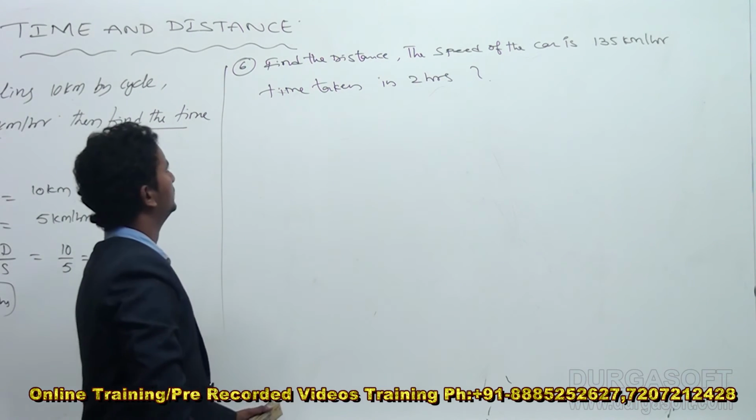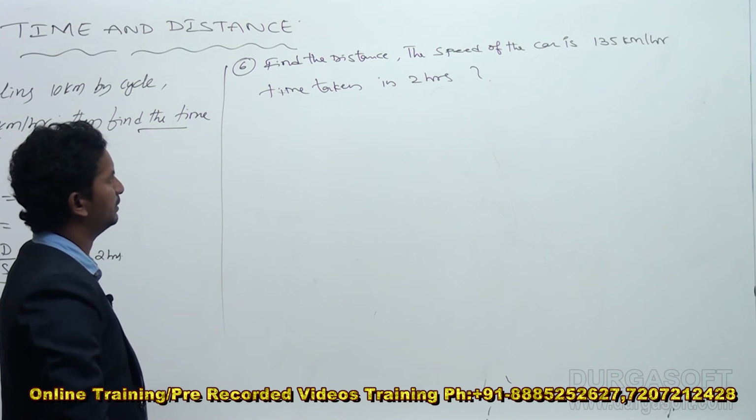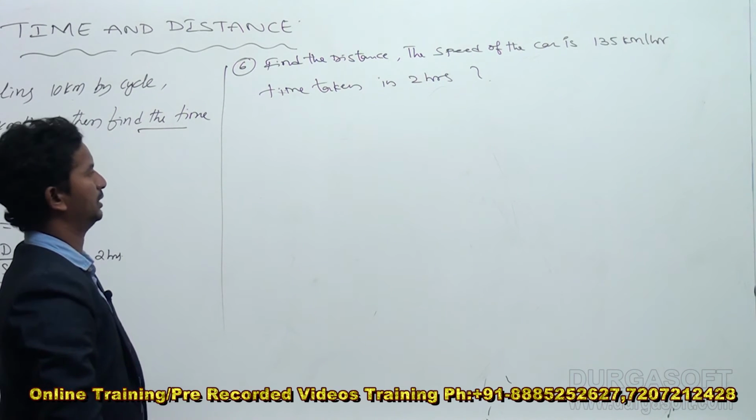So the problem: find the distance, the speed of the car is 135 kilometer per hour, time taken in 2 hours.